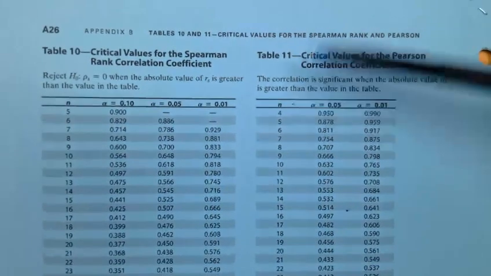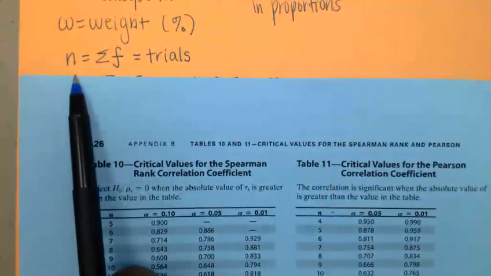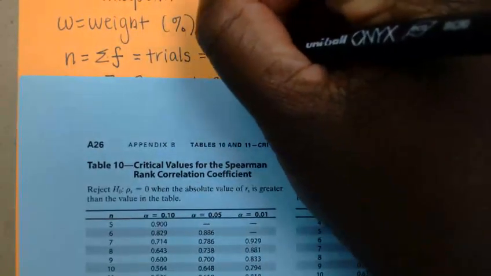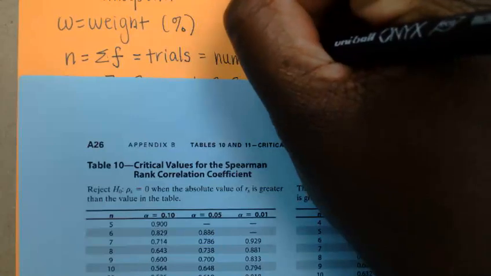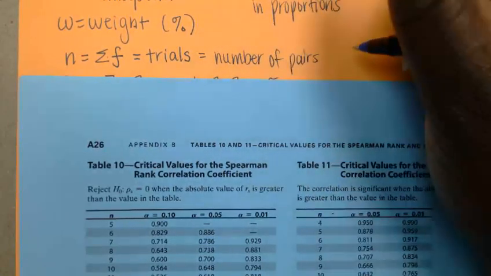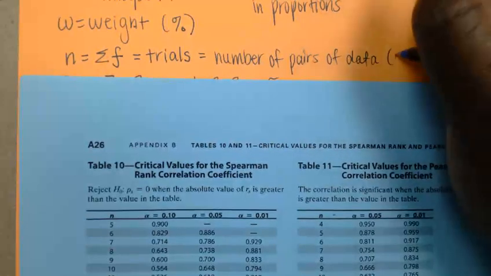So N is your sample size, which is your total frequency, which is your trials, which can also be the number of pairs of data. Exclusively for Chapter 9.